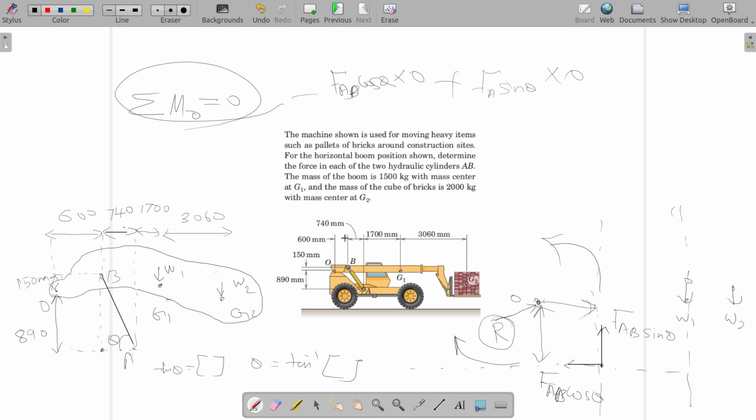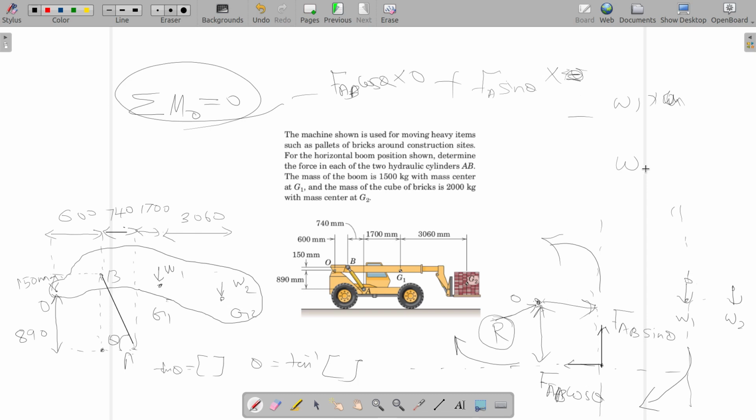So W1 is multiplied by that quantity, and that moment is clockwise about O, so that is negative.